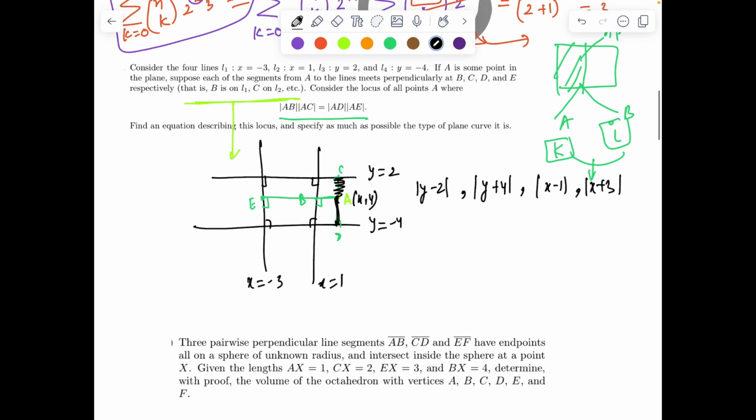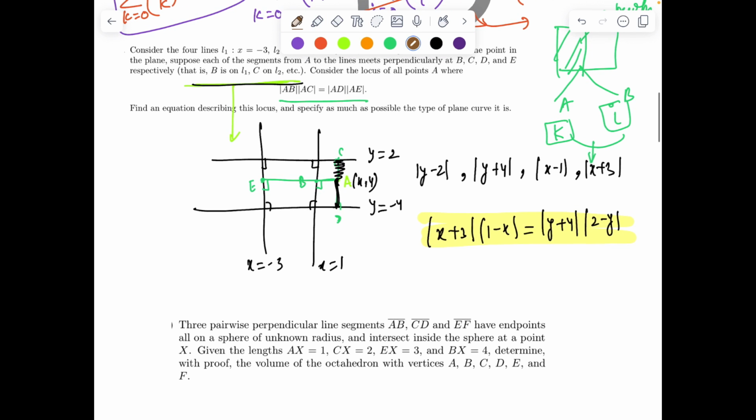And that's not very difficult because, according to the given restriction of B lying on L1 and so on, the locus will be mod x plus 3 times mod 1 minus x equals mod y plus 4 times mod 2 minus y. And this is precisely the locus that I'm having. So it will open with either plus or minus signs.